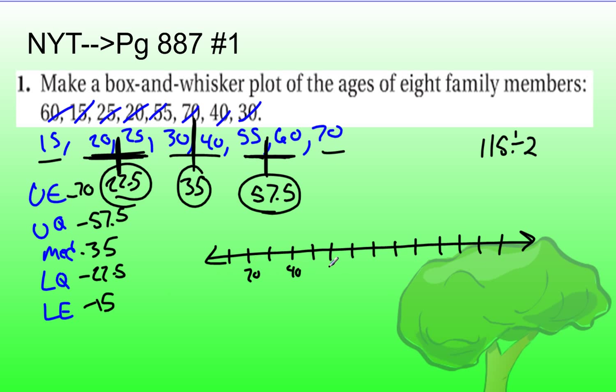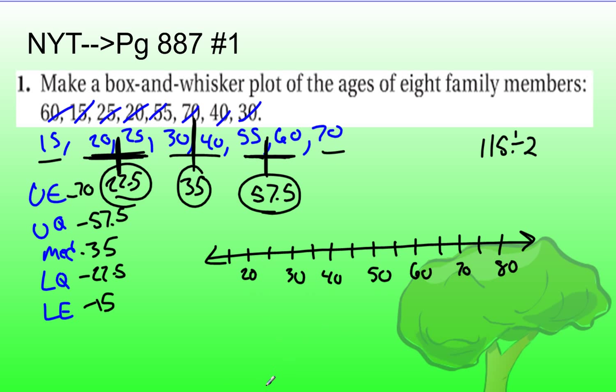Oh, I counted by 5, so I'm doing tens. Too much. So that was 15, 20, 25, 30, 35, 40, 45, 50, 60, 70, 80.